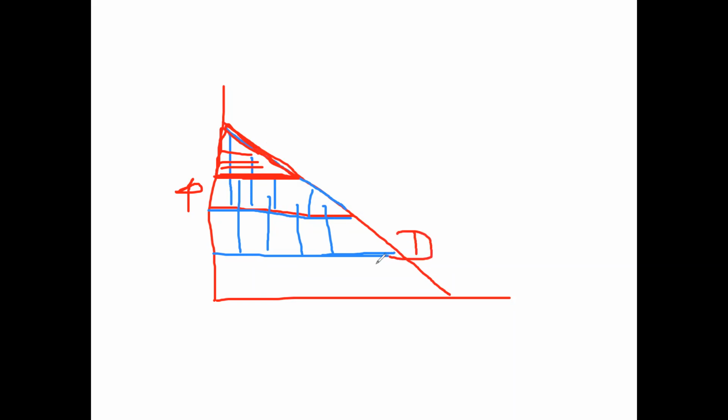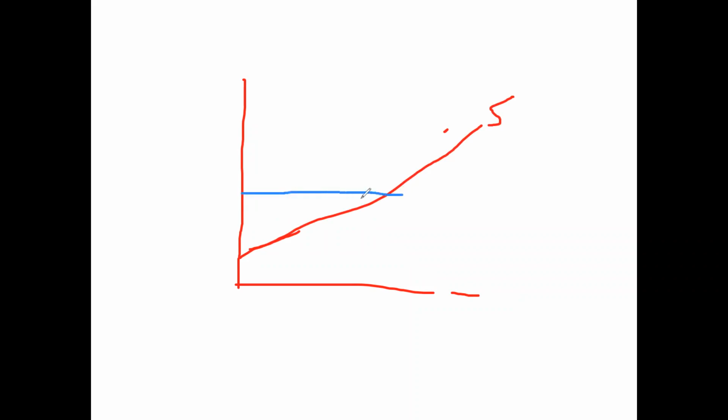Like that, producer surplus depends on the supply curve. When you select a certain price, say assume this is the price, producer surplus is the area below the price, above the supply curve, a triangular area.